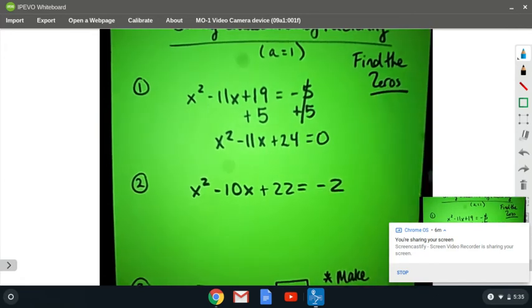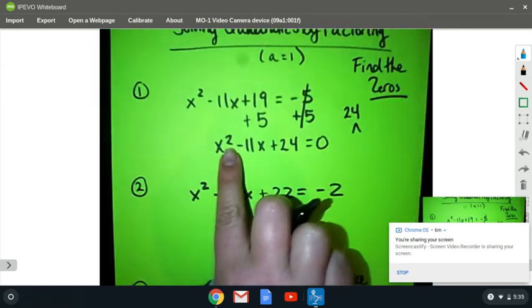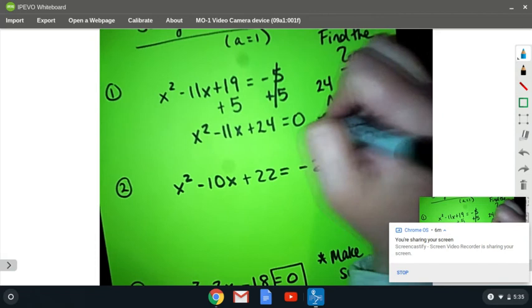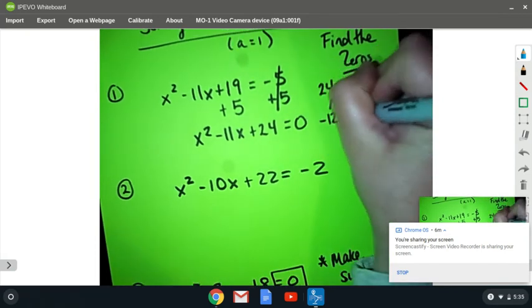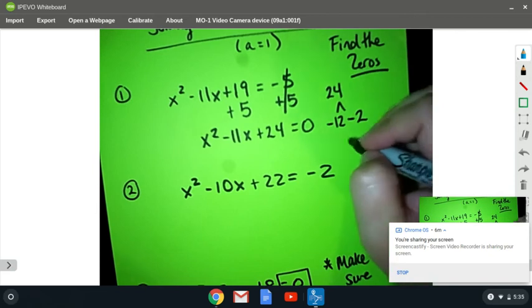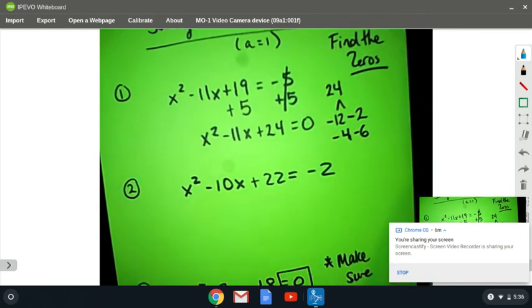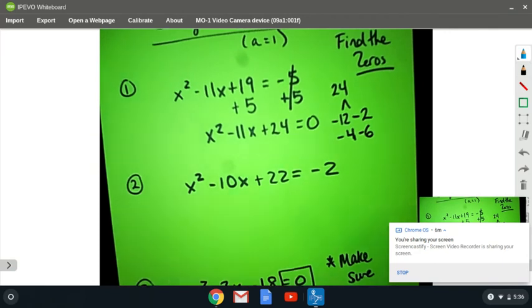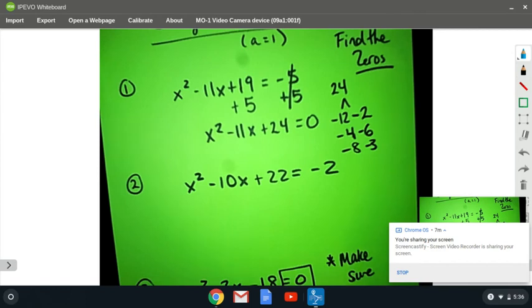Now that I'm equal to 0, I can start to factor. So I'm finding factors of 24 that could add to -11. That makes me know both of these are going to have to be negative. So I know 12 and 2 could do that. I know 4 and 6 could do that. Okay. I know 8 and 3 can multiply to be 24.